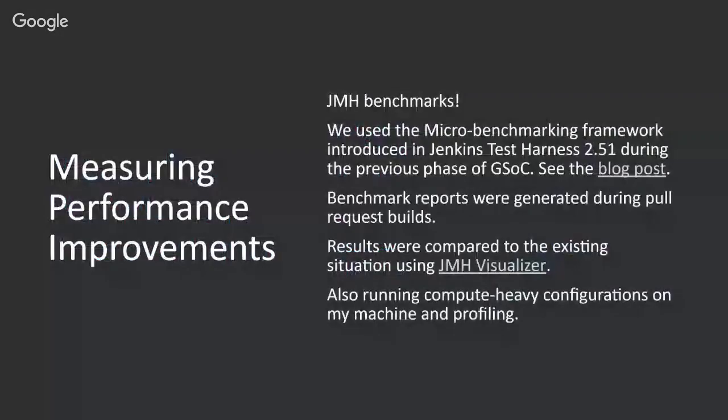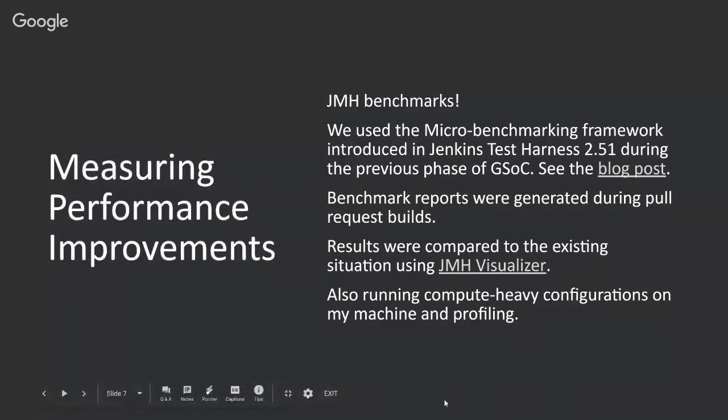Now, to measure our performance benchmarks, like I said before, we use the JMH benchmarks. We use the micro benchmarking framework that was created inside Jenkins test harness during the previous phase of GSoC. You can see the blog post on jenkins.io to know more about it, and you can implement those benchmarks in your plugins too. These benchmark reports were generated during the pull request builds, and we compared our results to the previous ones using JMH Visualizer.